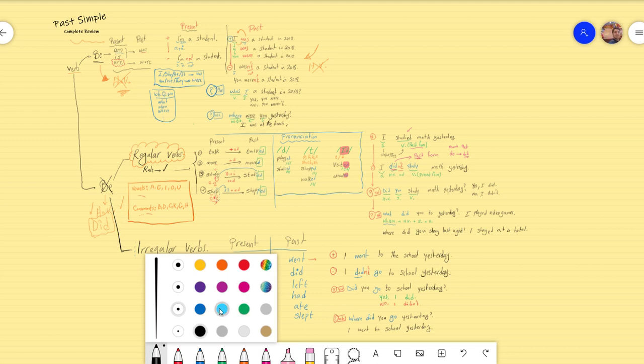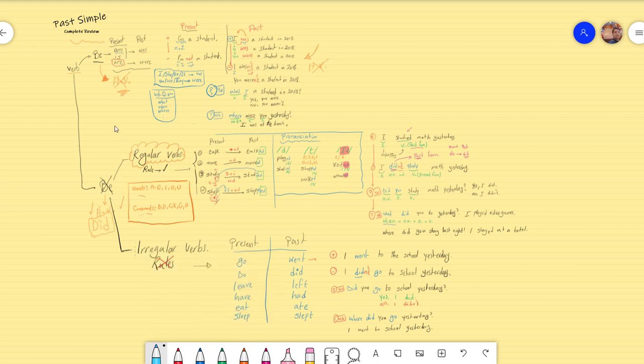So yeah, we have the verb be. If they are not be, we have regular verbs, and we have irregular verbs. Thank you very much.